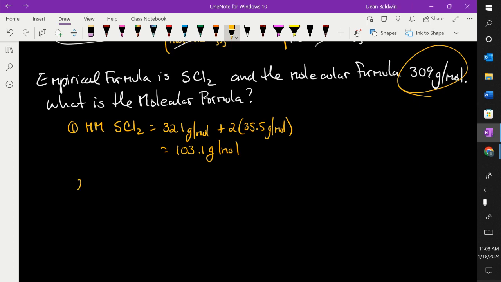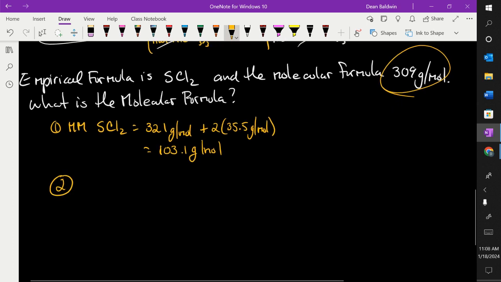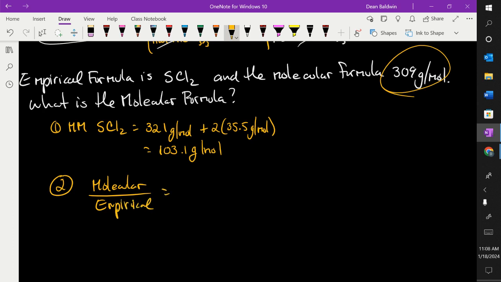So then you go molecular divided by empirical. So I get 309 grams per mole divided by 103.1 grams per mole, which gives me basically 3.